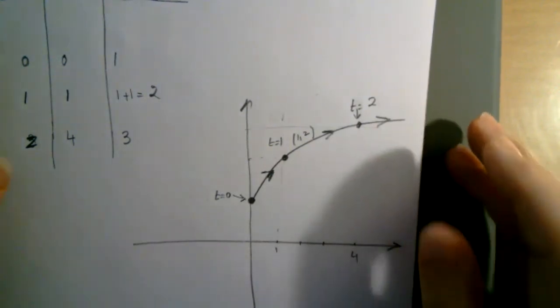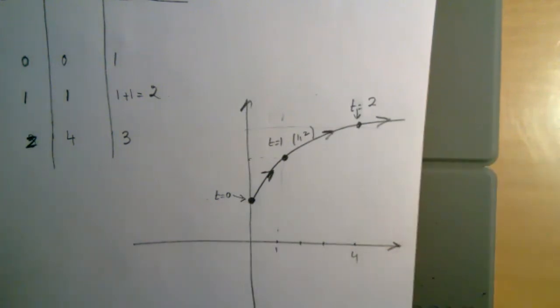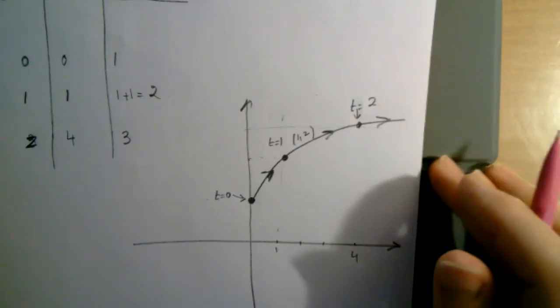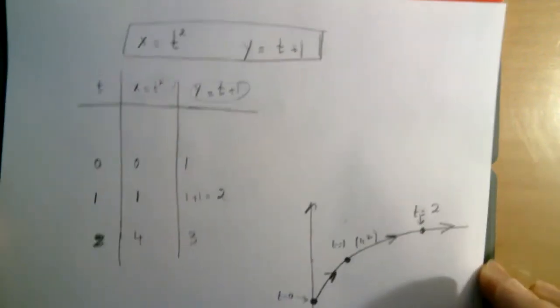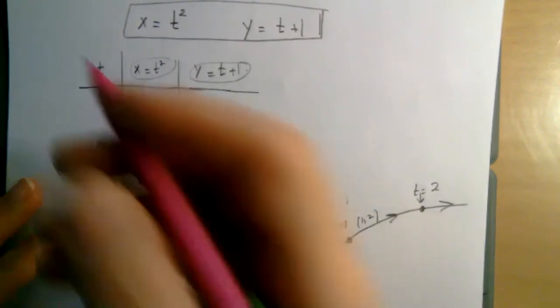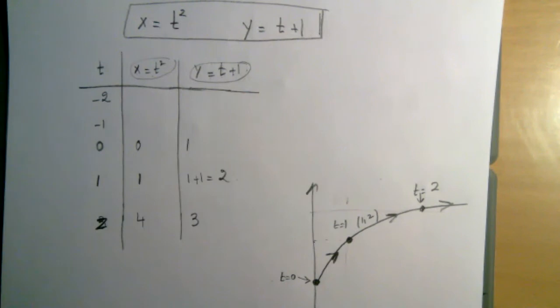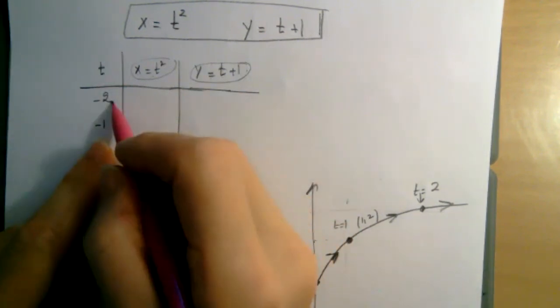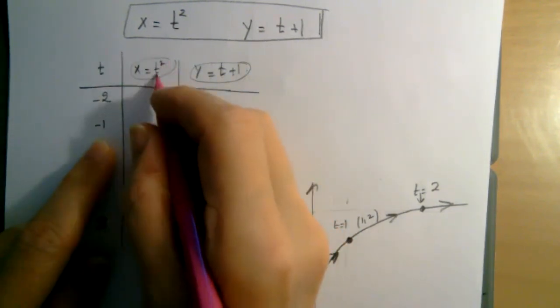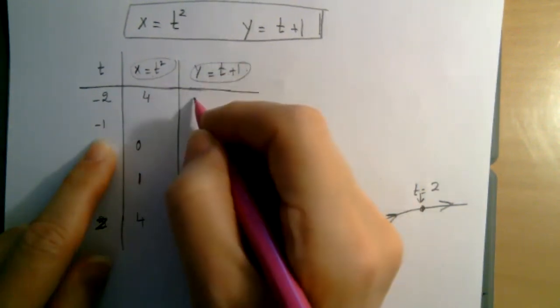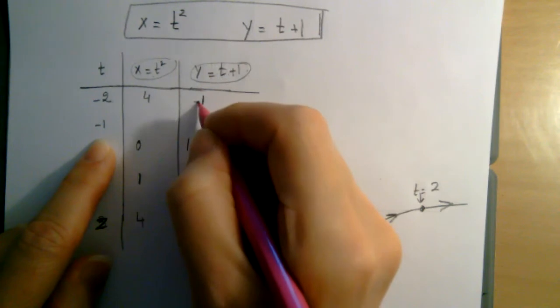Now I took t positive here to help us with the intuition. But in general, t will be allowed to be negative. So we're going to take a bunch of negative values and see what the curve looks like. I will take -2 and -1 to help me figure it out. At -2, the x is 4, and y is -2 plus 1, which is -1.